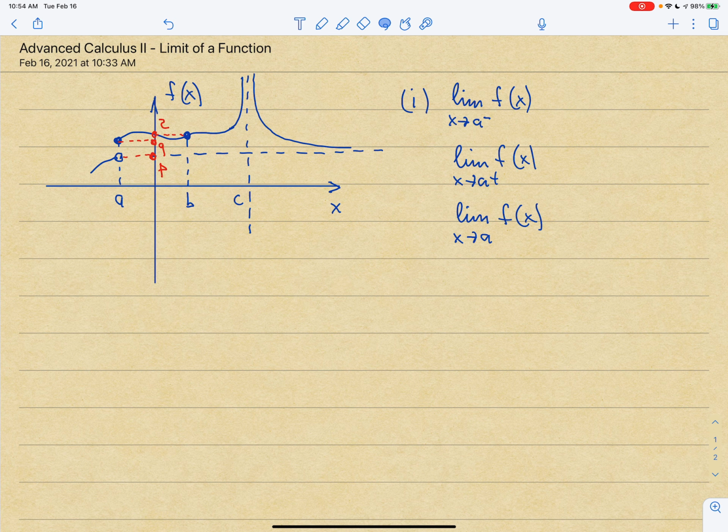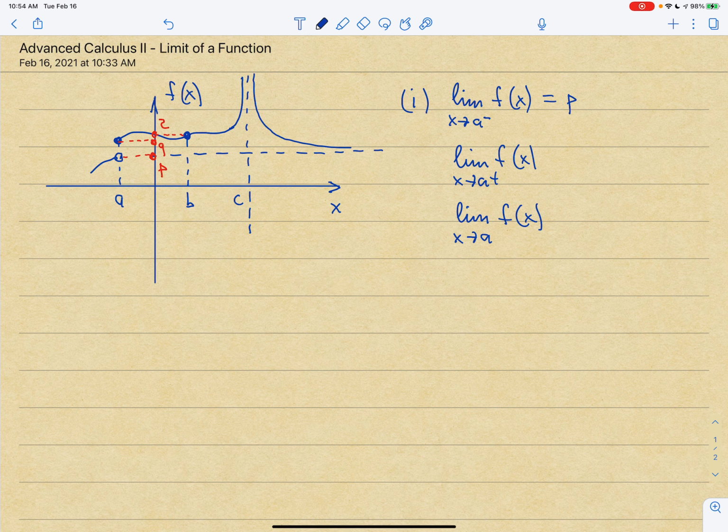And in this case, clearly they will, because if I'm taking a smaller and smaller region around A and staying to the left of A, then the values of the function are going to get closer and closer to the value P. So this limit is P.